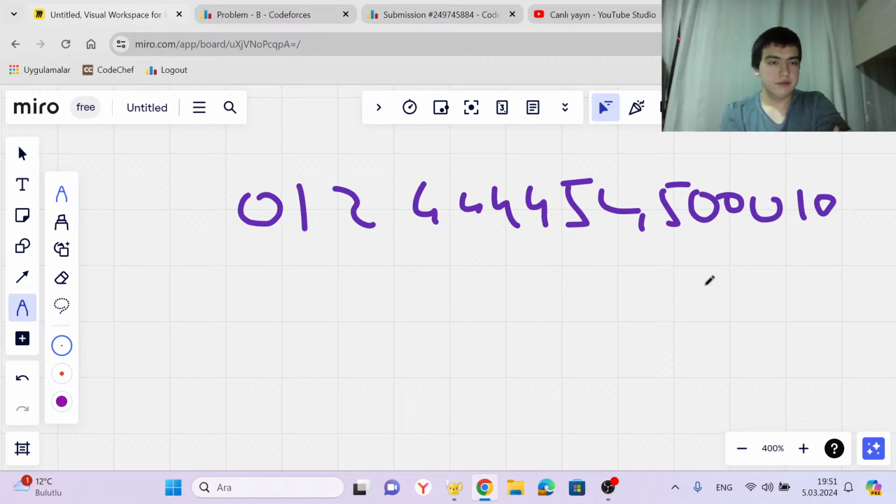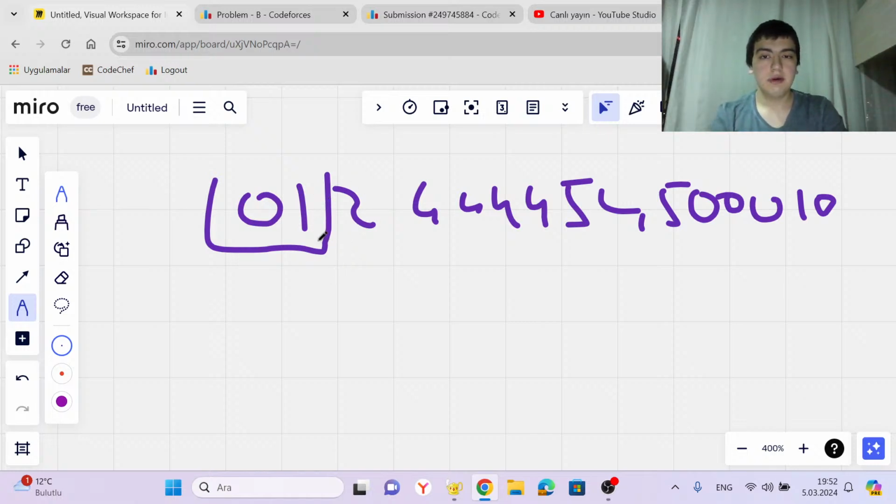Because think of 0, 1, 2, something else, 4, 4, 4, 4, 5, 4, 5, 0, 0, 0, 1, 0. Okay, let's look at this case. If we choose this 0 and 1, we are trying to obtain a partition where the max of a subsegment will not equal the max of the original array.